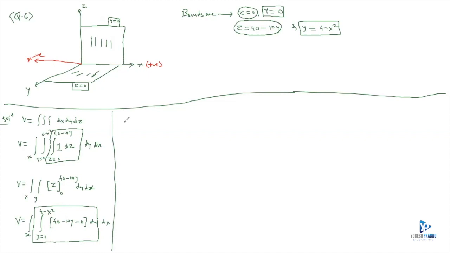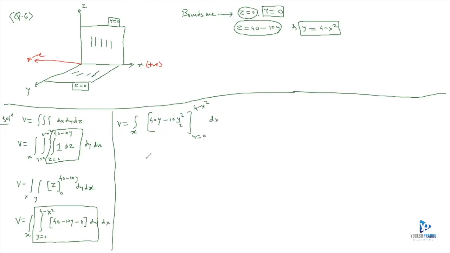Okay, let's integrate. Integral x remains as it is for later. 14y minus 10y squared over 2, minus x. That's 0, right? Yes, it's 0. So you get only so much, and then the limits will go y equals 0 to 4 minus x squared, and dx is still pending.